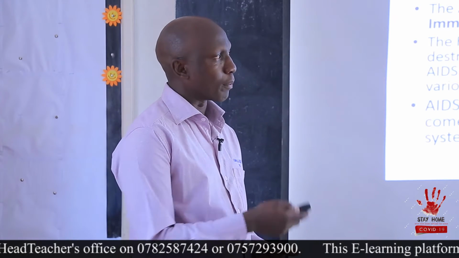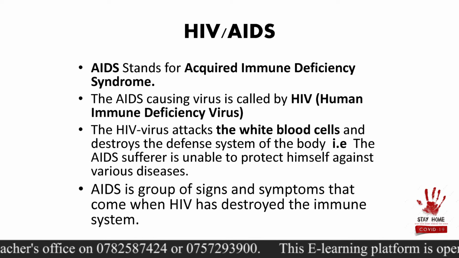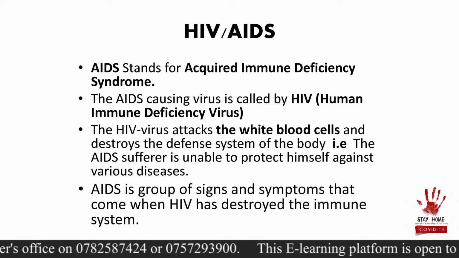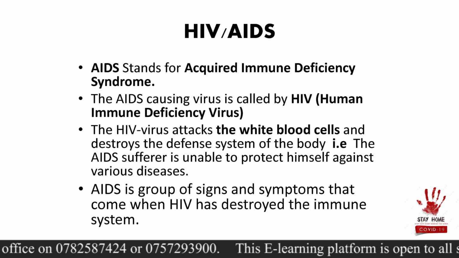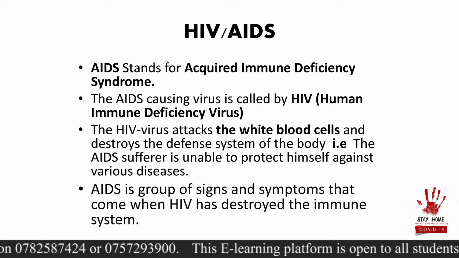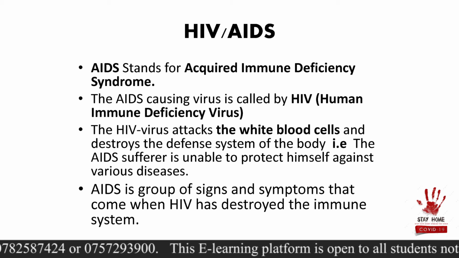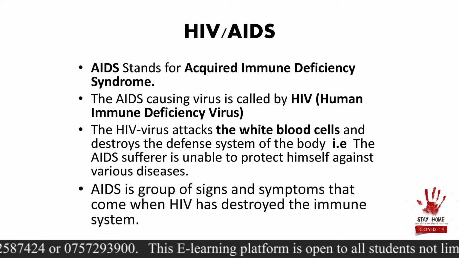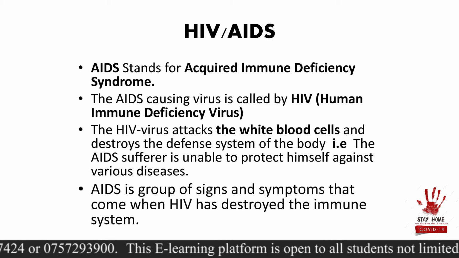I told you that this disease affects blood. So you can see it attacks the white blood cells. And how does it attack? The white blood cells help to protect us from infection, but the virus destroys the defense system of the body. The AIDS sufferer is unable to protect himself or herself from various infections.